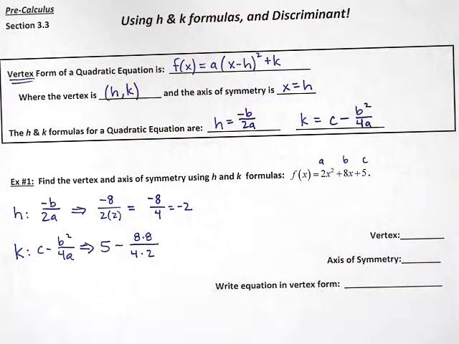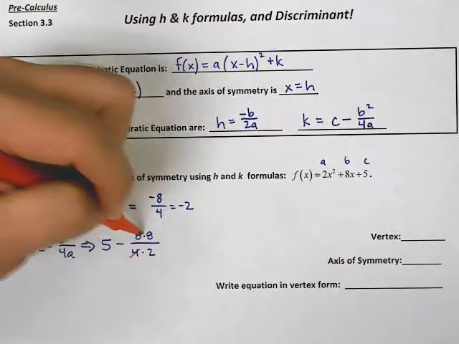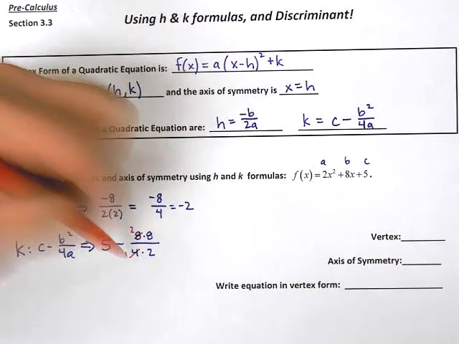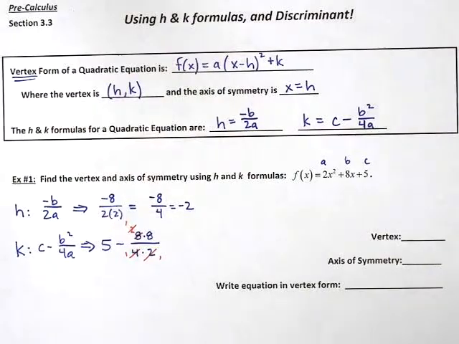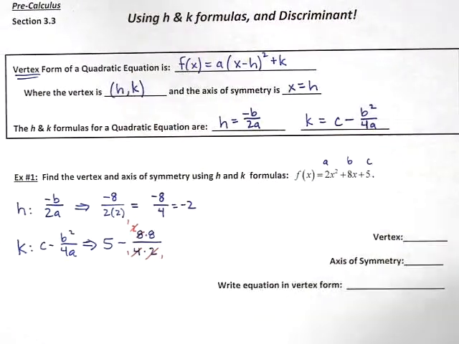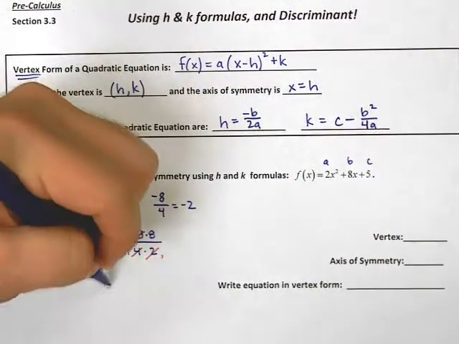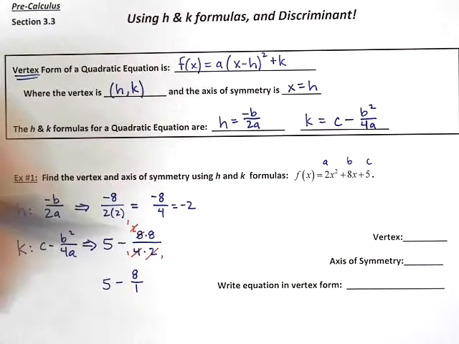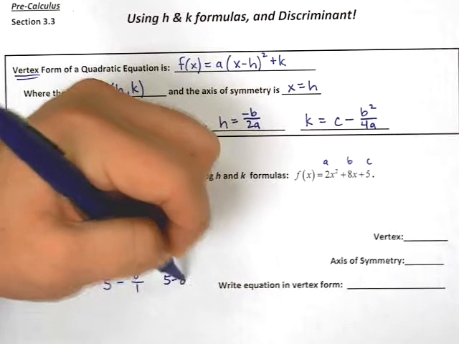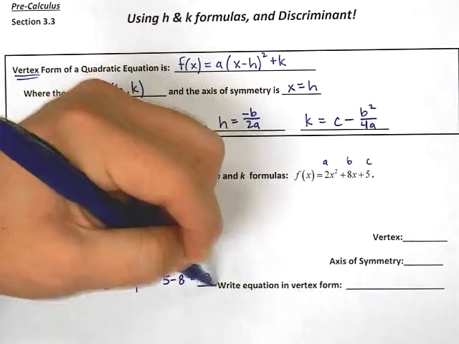I know that a 4 and an 8 become a 2 and a 1. Then what else? I know that these 2's can cancel to 1 and 1. So what am I left with, really? I'm really just left with 5 minus 8 over 1, or 5 minus 8, which is negative 3.